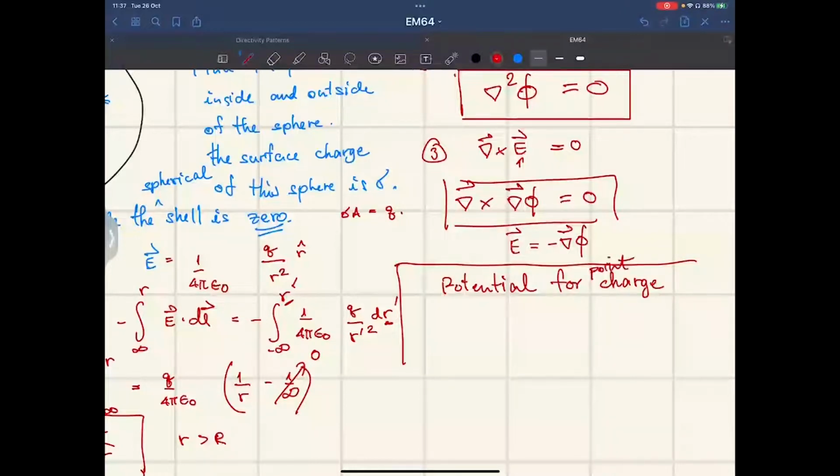But normally we don't have a point charge, we have a charge distribution. So what we are going to study next is the electric potential of a localized charge distribution.